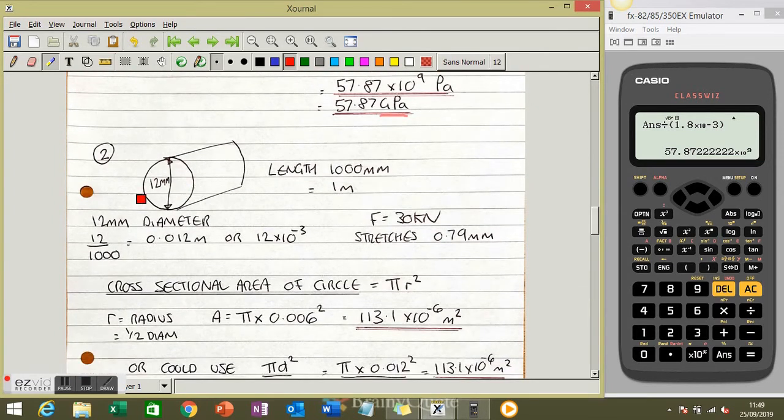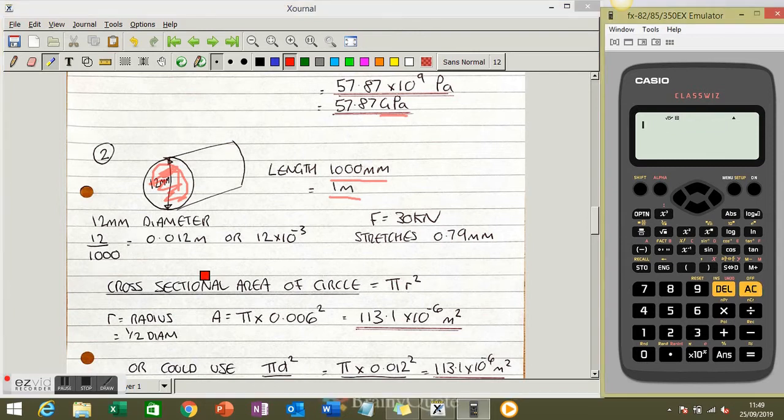So question 2, it's a round bar, so the cross-sectional area is going to be this circle. We know it's 1000 mil long, which is 1 meter. Don't forget, we need to work out first of all the area of this circle, the cross-sectional area. We know it's 12 mil diameter.